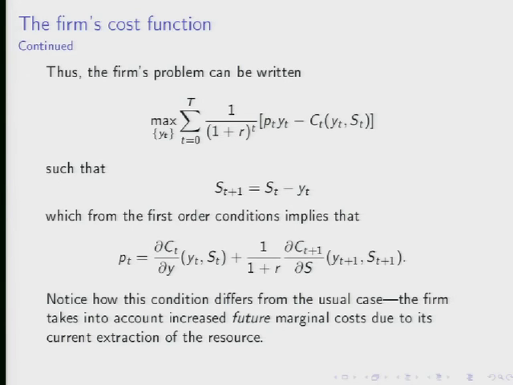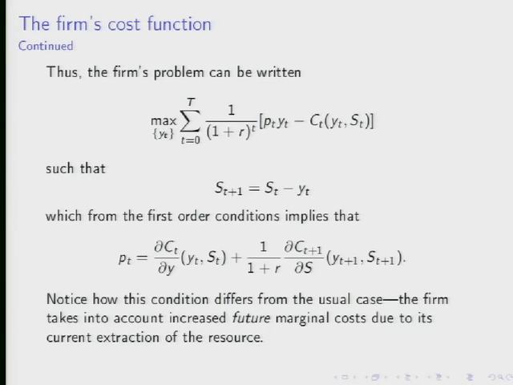So that's all fine. Plus 1 over 1 plus r. We're taking t equal to 1 now. So this line is t equal to 0. This line is t equal to 1. 1 plus r times p1 y1 minus c1 of y1 times s0 minus y0. So that was the decision we made here.